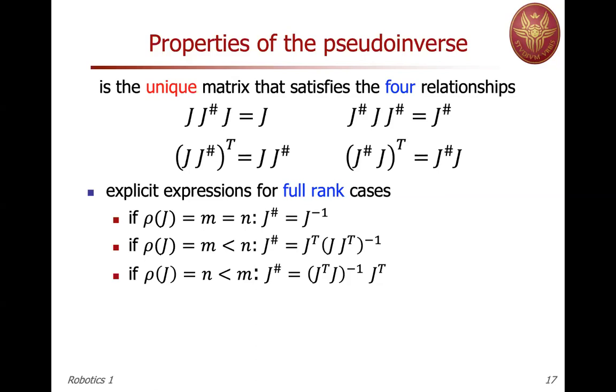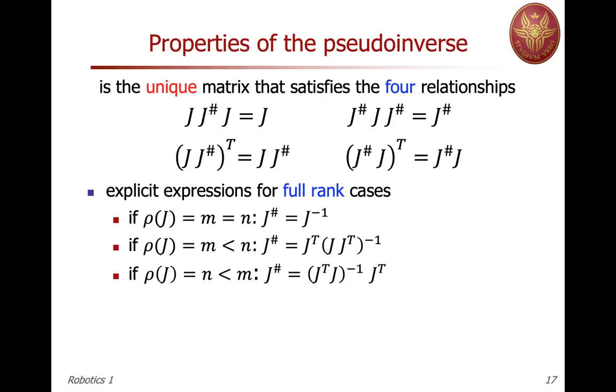You multiply J transpose by J, which is the small dimension matrix. This is invertible, post-multiply by J transpose, and this is, again, the pseudo-inverse. So all these are cases where I can give you an explicit expression.